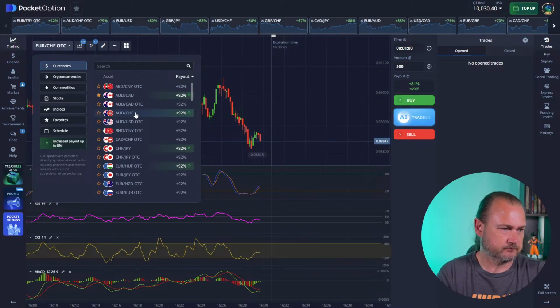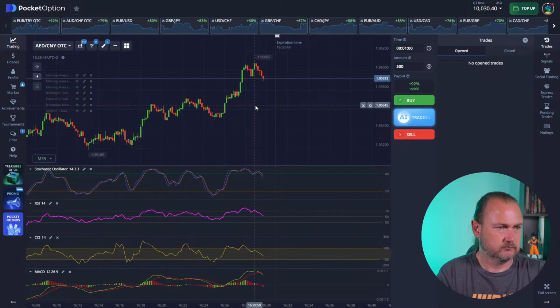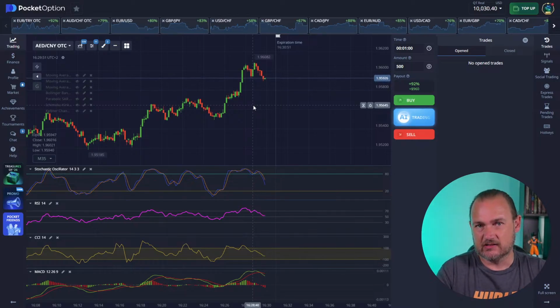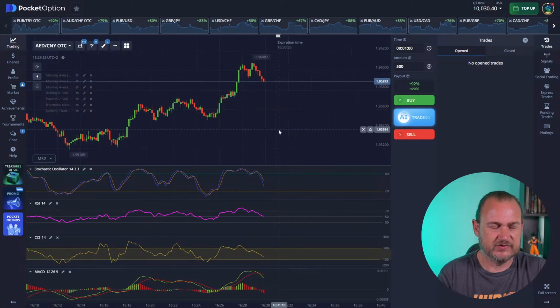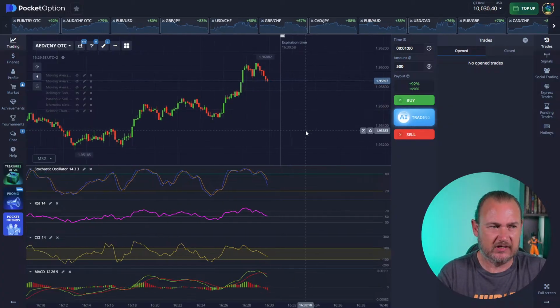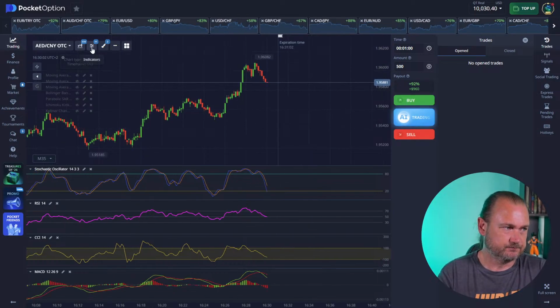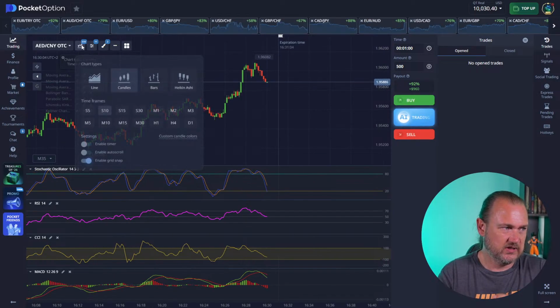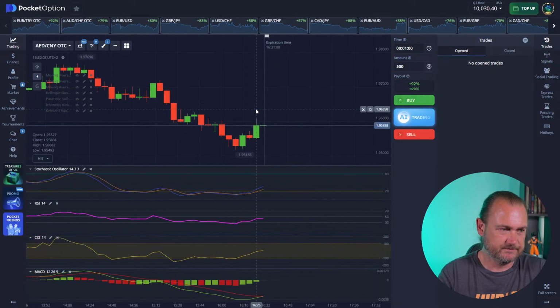It seems we're not going to get a decent example of an entry, which is unfortunate, but we cannot trade what the market doesn't give. Instead, I want to show you something else. This might be a bit more valuable in any case.